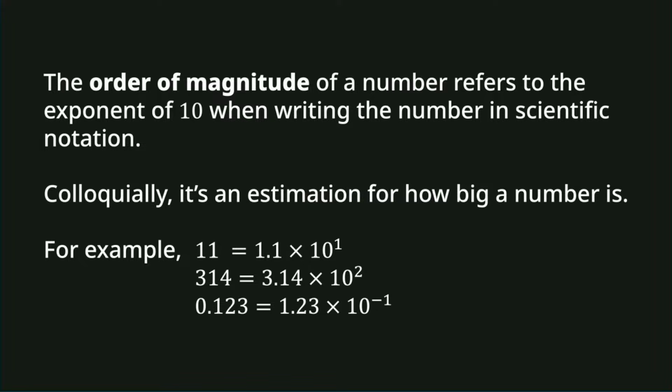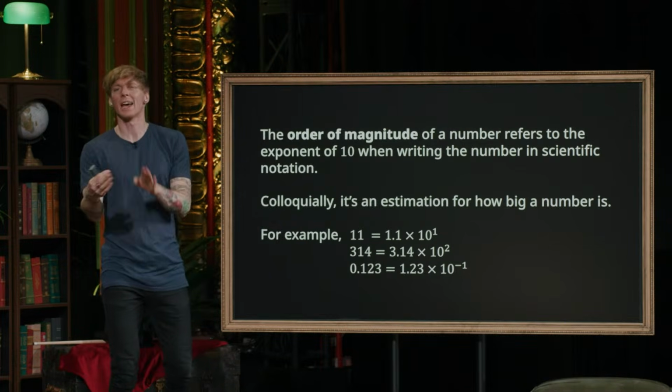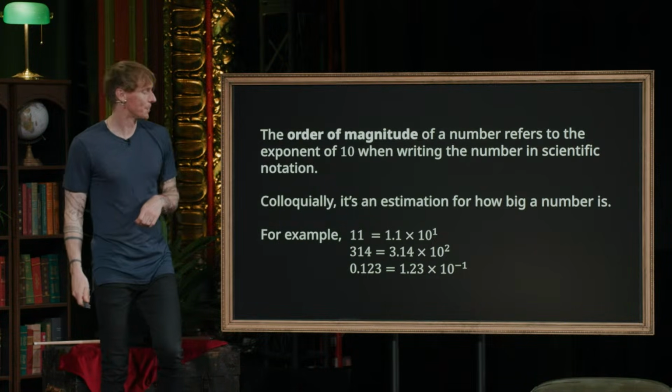Then 314 in scientific notation would be 3.14 times 10 squared, so it's order of magnitude 2, or hundreds, or 10 squared. You can use all of those terms. And 0.123, a number smaller than 1, getting into the decimals, will be 1.23 times 10 to the minus 1. This is telling us we're working in the tenths, so our order of magnitude is 1 over 10, or 10 to the minus 1.